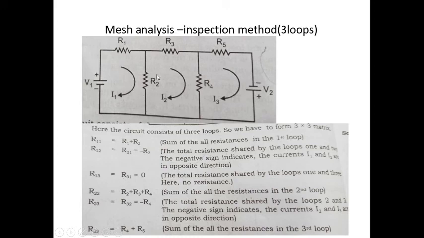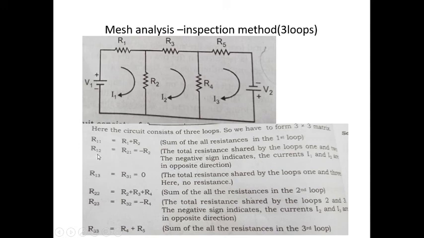Now you can write R22 in a similar way, the sum of the resistances in loop 2, so R2 plus R3 plus R4. Then R33 is the sum of the resistances in the third loop, that is R4 plus R5.